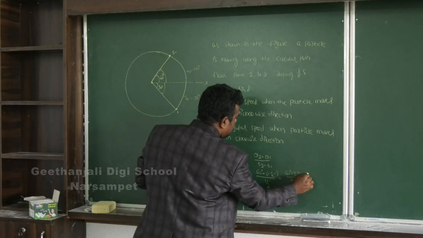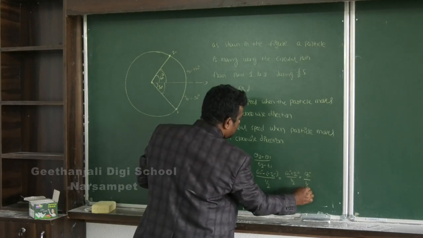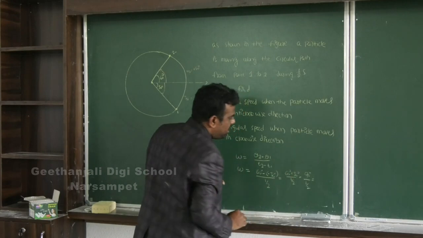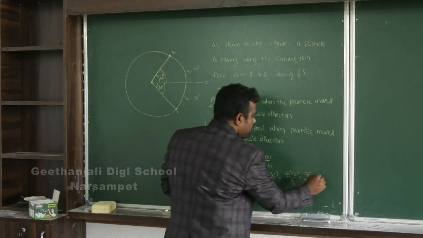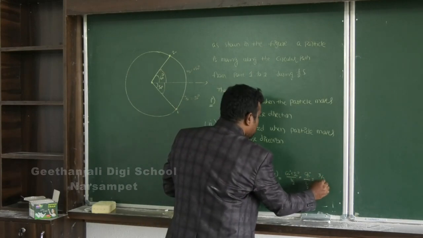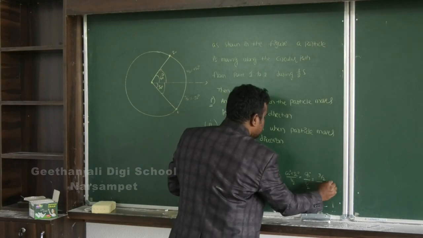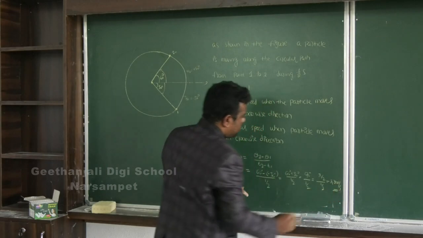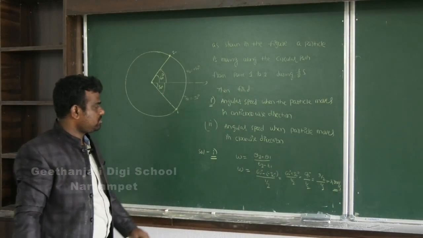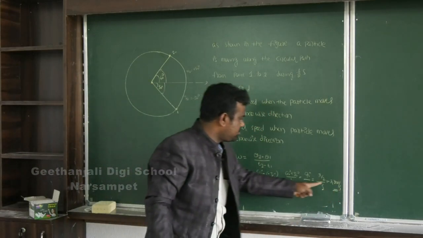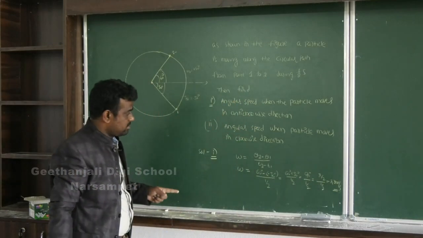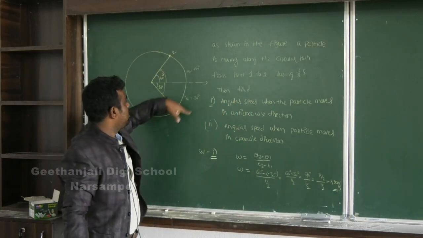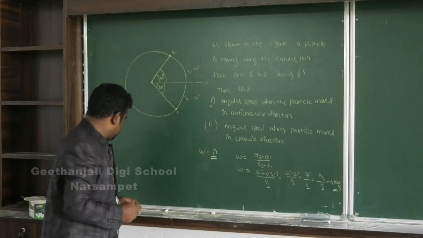This is equal to 90 degree by 1/2. So you can write 90 degree is equal to pi/2 radian. So pi/2 by 1/2 is equal to pi radian per second. Yes, this is the angular speed of the particle when it moves from 1 to 2 in the anti-clockwise direction.